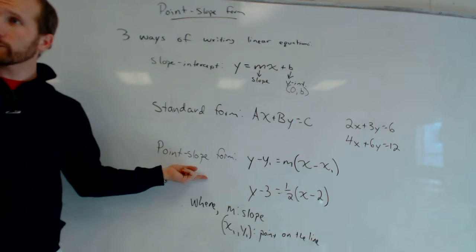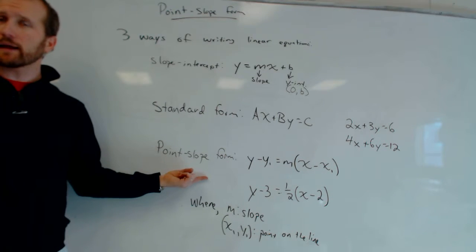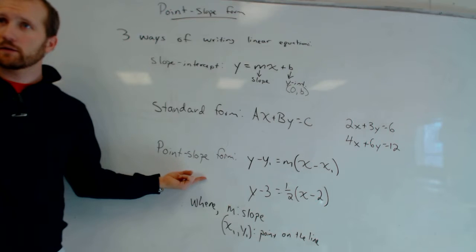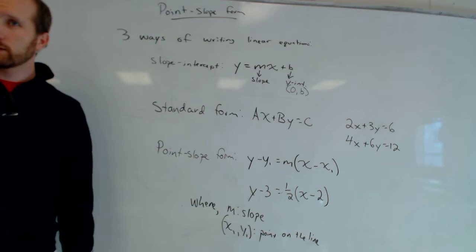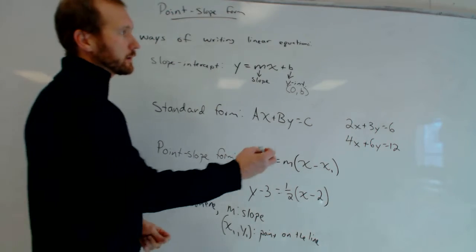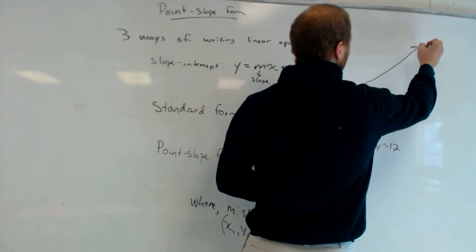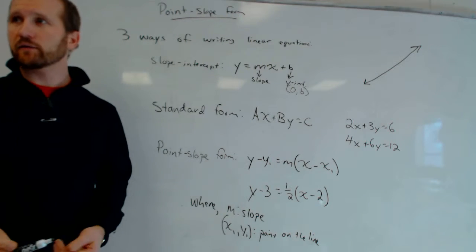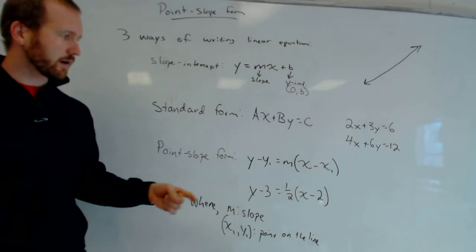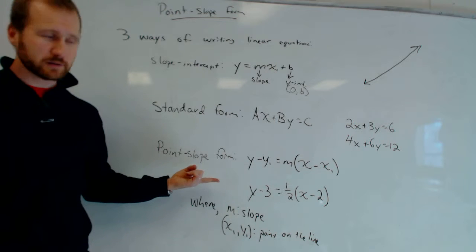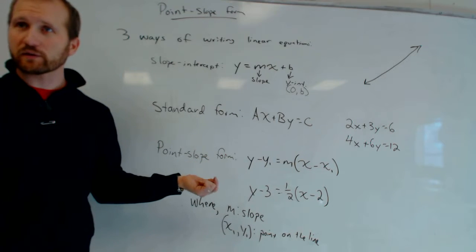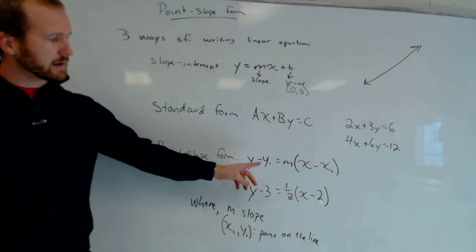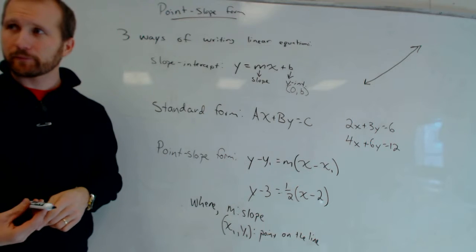In point slope form, how many points are on a line? If I were to draw a line, remember I always draw it like this, right? How many points are on that line? Infinity. Yeah. So there are infinity ways of writing the point slope form equation of that line, because you could use any point on the line.